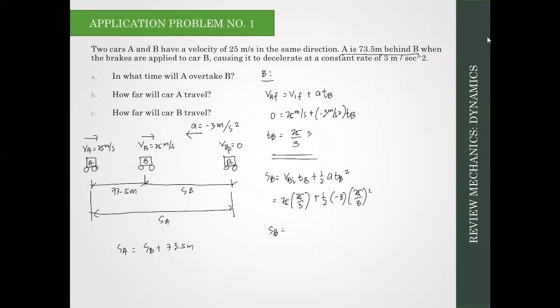Calculating sa calculator, you have to manual input it. That will be equals to 104.17 meters. So, ito daw yung distance ni B, yung tinravel ni B before stopping. Okay? So, makukuha natin si SA ngayon.